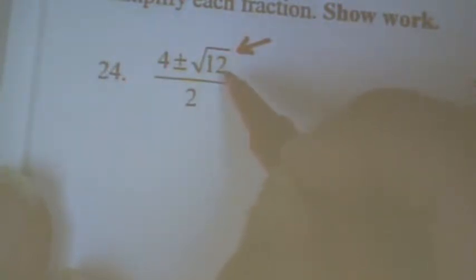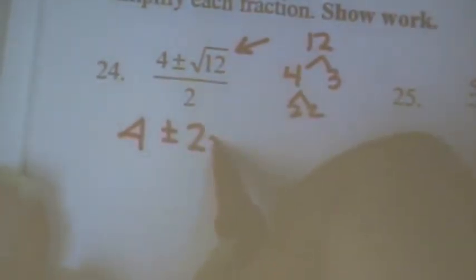Now, how do you simplify square root of 12? 12 is 4 times 3, so 2 root 3 over 2.